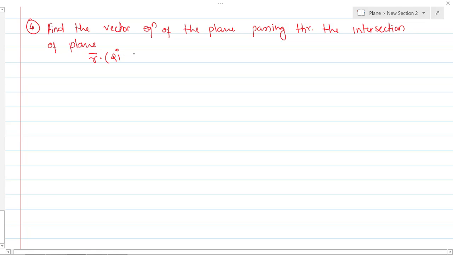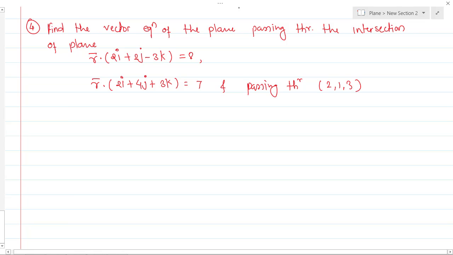R bar dot 2i plus 2j minus 3k equals 8, comma, R bar dot 2i plus 4j plus 3k equals 7, and passing through the point 2 comma 1 comma 3. Okay, so this is what the given question is.